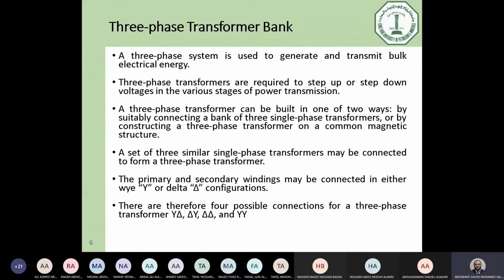And actually, three-phase in general is used with high power applications for any kind of loads. If you have a small air conditioner, for instance, at home, you will supply it only by single phase.